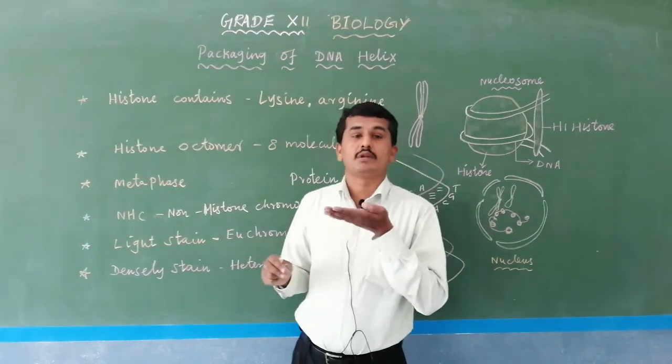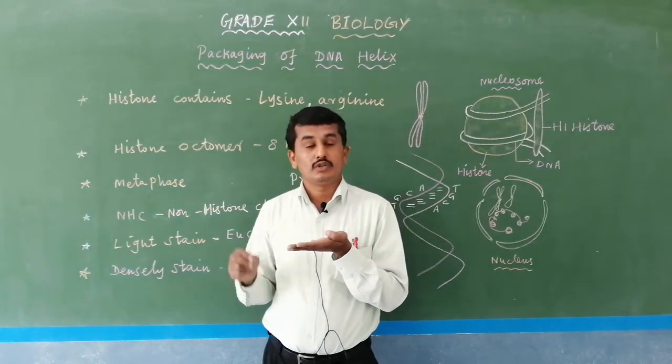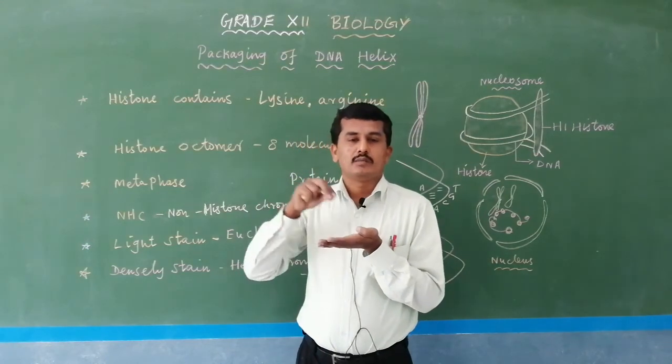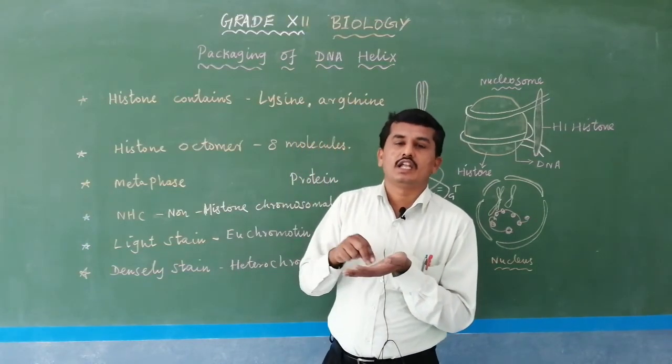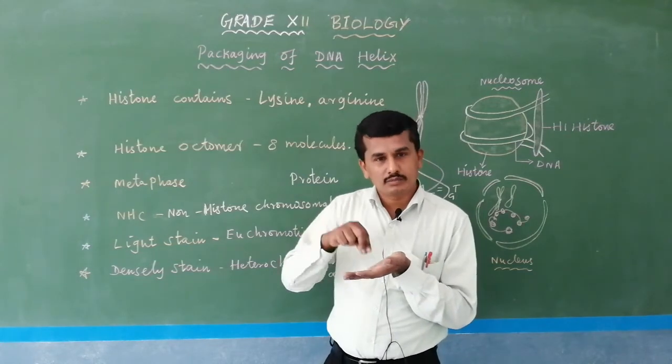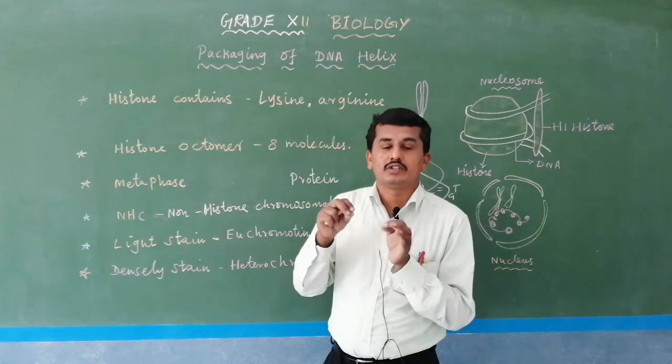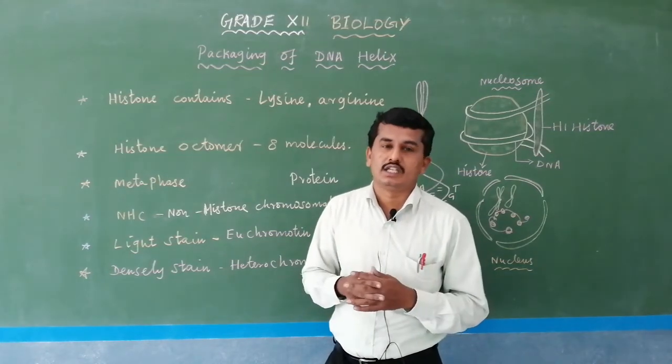We take a normal onion root tip during the cell division stage and observe the cell, the nucleus and the chromosomes. With acetocarmine stain, the chromosomes are visible clearly.